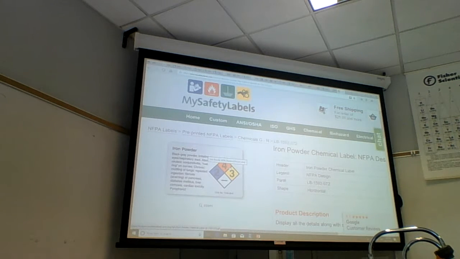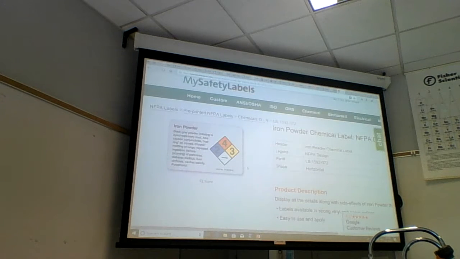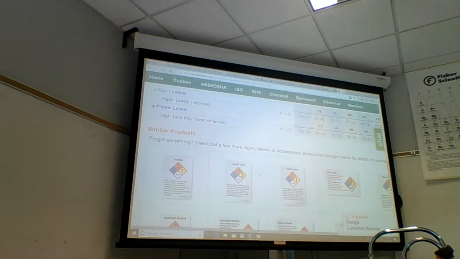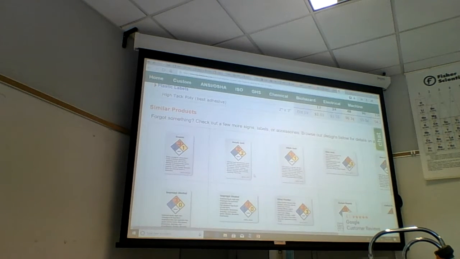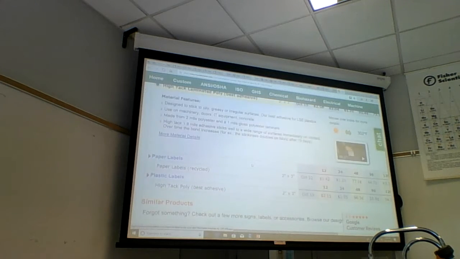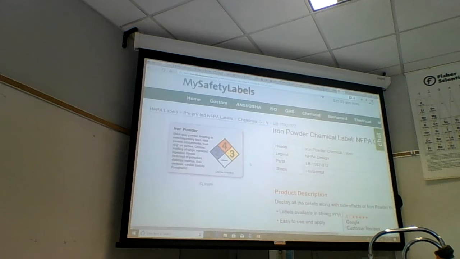You know what that red number 4 means? Well, the red number 4 means fire hazard. And 4 is the worst you can get. And so let's look. These are NFPA signs, NFPA labels. So let's look at the NFPA label red.